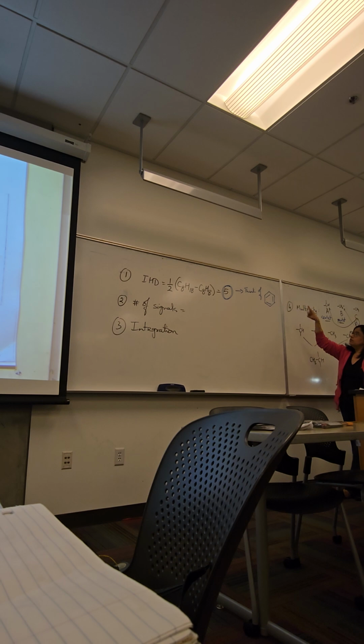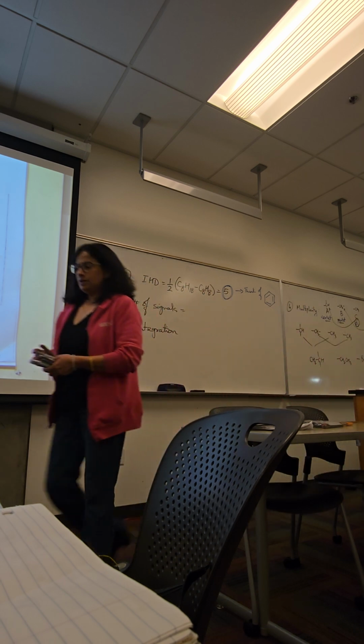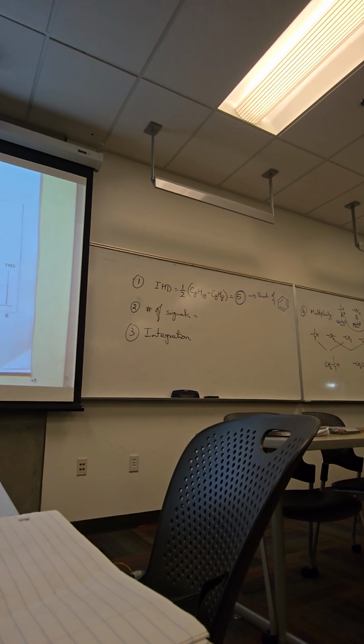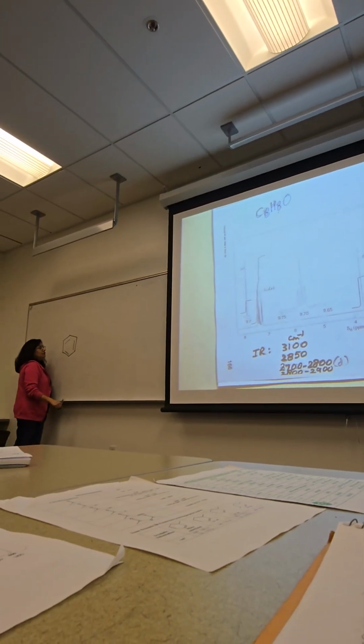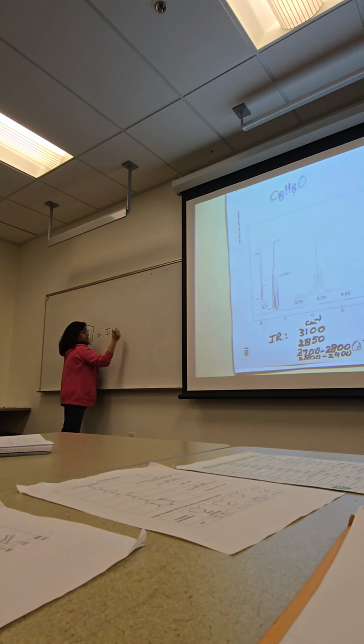How many pi bonds in the benzene ring? 3 pi bonds. And rings? How many rings? 1 ring. If you think of a benzene ring, how many rings? 1 ring and 3 pi bonds. So what is the IHD of a benzene ring alone? One benzene ring IHD equals?